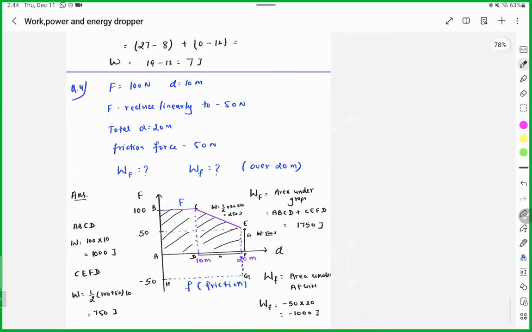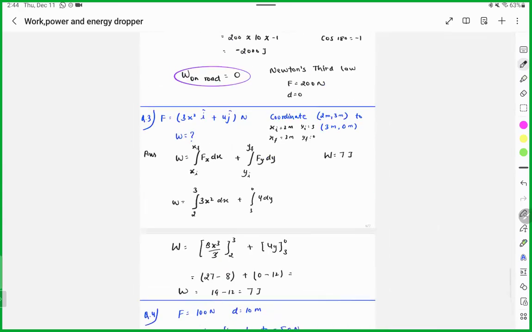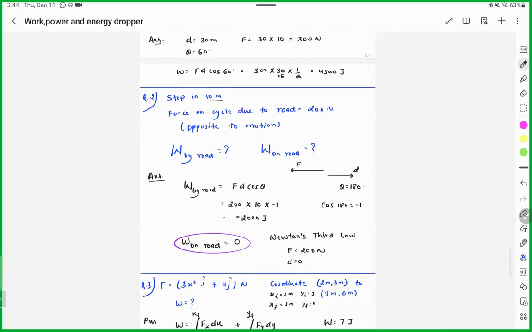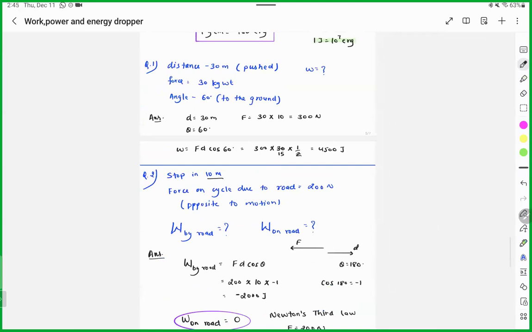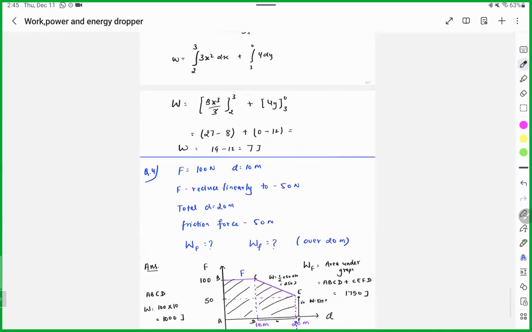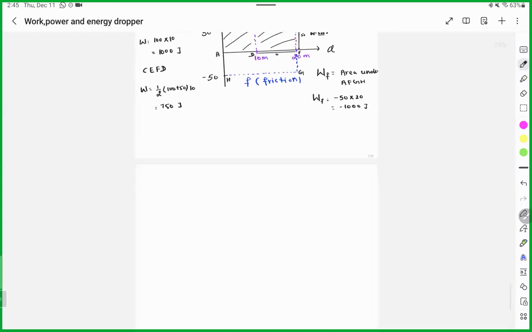So we did four different varieties of question: one with the graph, second the integration part, third two forces acting on each other, and fourth was very basic F D cos theta. Correct. So we got a variety of questions. Understood?